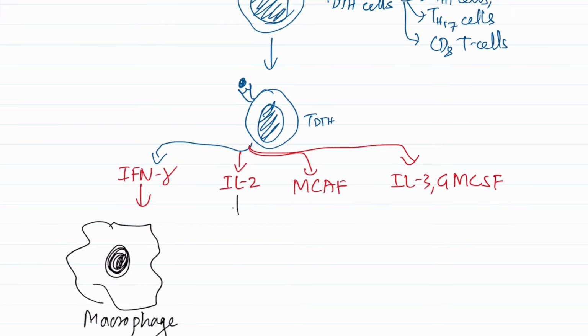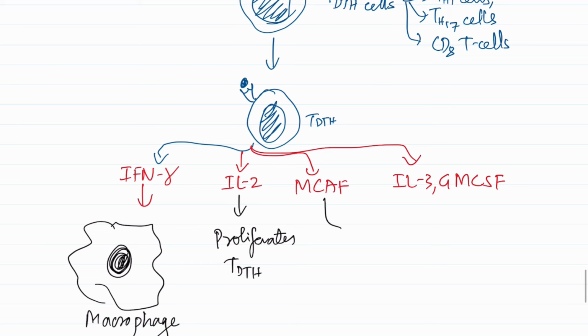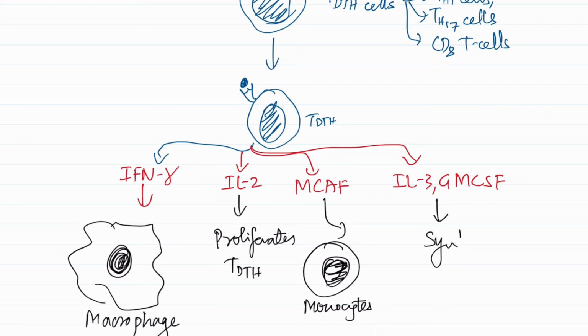IL-2 proliferates the TDTH cells, and monocyte chemotactic and activating factor will cause the migration of monocytes. So monocytes are activated, they migrate and get converted into macrophages, and interleukin 3 and GMCSF synthesize new monocytes.